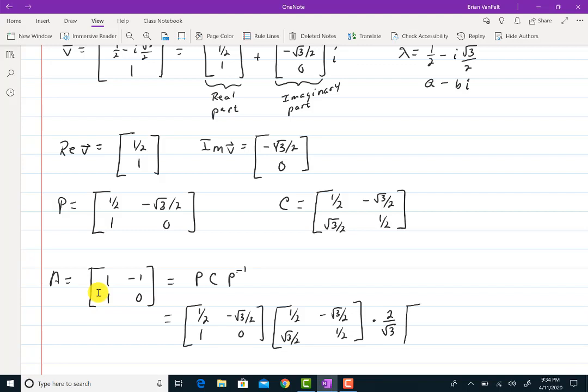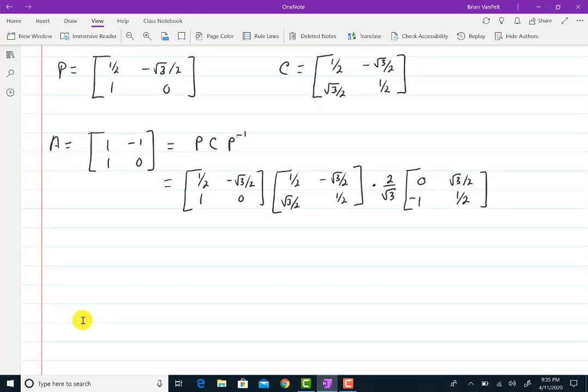And then let me go ahead and place the appropriate numbers here. When you're doing the P inverse, you swap the diagonal elements. So I'll have a 0 there and a 1/2 there. And then you negate the off diagonal elements. So I have a negative 1, positive radical 3/2. Now, to make my life easier, I'm going to factor a 1/2 from this matrix, a 1/2 from this matrix, and a 1/2 from this matrix.